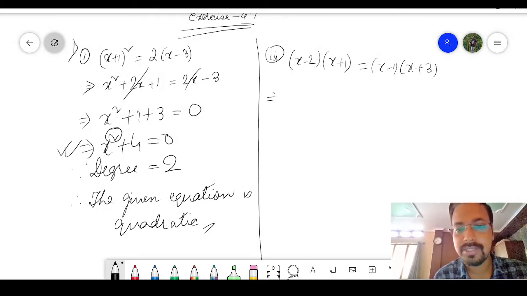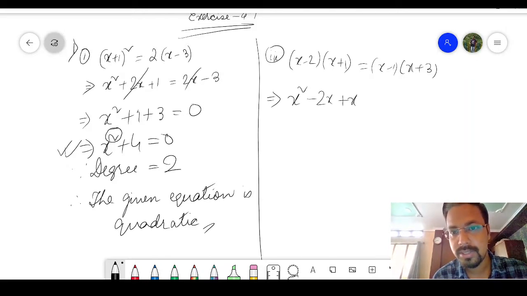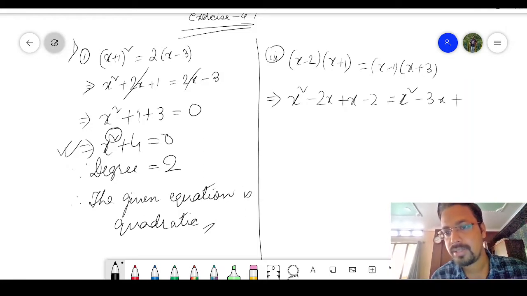So now break the brackets. Okay, x square minus 2x plus x minus 2 is equal to x square plus thrice x minus x minus 3.